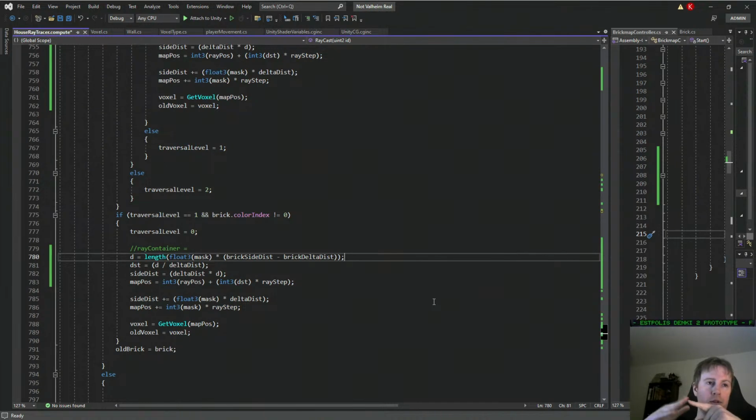And from there, we use the same direction, the same mask, and we travel in the lower resolution again. If we traveled in wall, we're now traveling in brick space. Then we check the brick. Does the brick have anything in it? Yes, okay. Then we back up again, and then we travel in voxel space and do the same thing again.